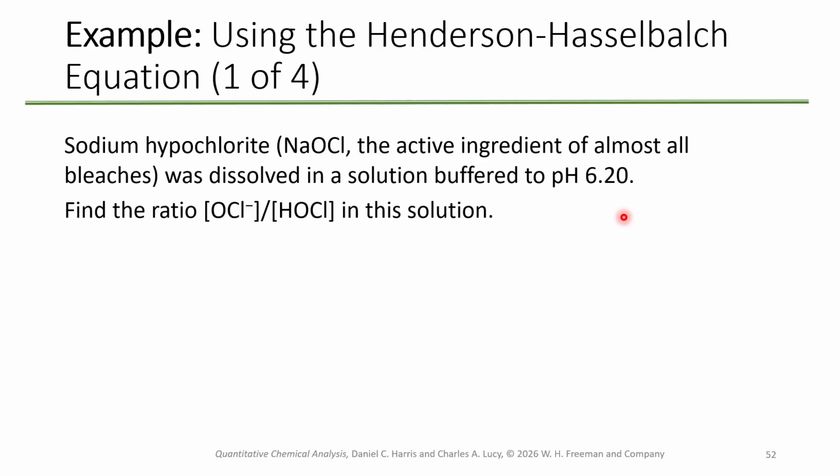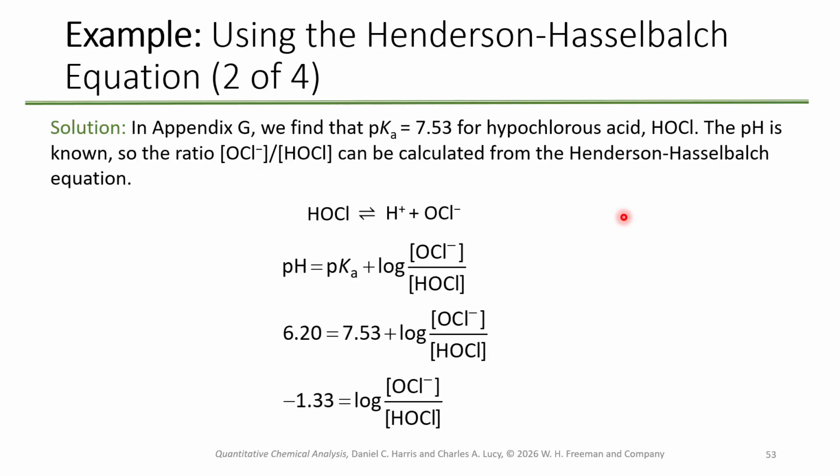Everybody got a pretty good grasp on the formula and tried it out now? Okay, ready? The big reveal. So if we plug this in, 6.2 for the pH, pKa is 7.53, and then we get the log of the base form over the acid form, right? We solve that, we end up with negative 1.33 equals the log of that.